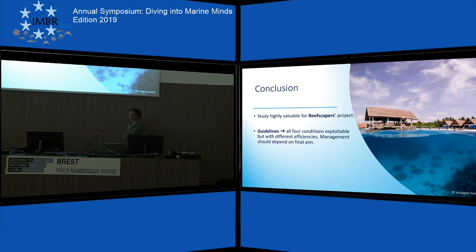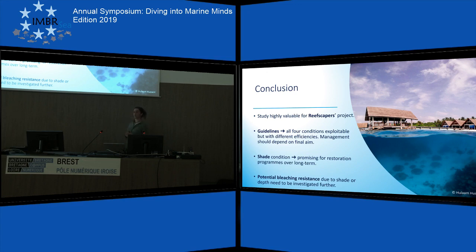the final objective. The shade condition really presents promising results, as it doesn't seem to impair growth, and it's also, from literature, it seems to be the first time that this condition was so specifically tested, so it's really interesting. And then further studies should be carried out to establish if sunlight exposure and depth present some measure of resistance to bleaching.